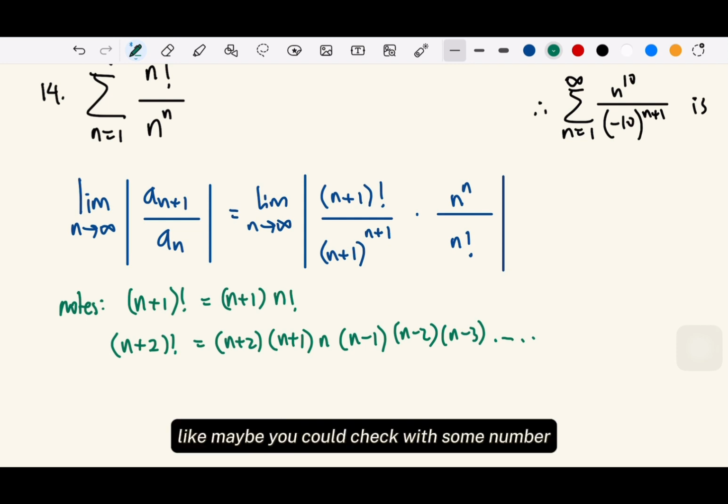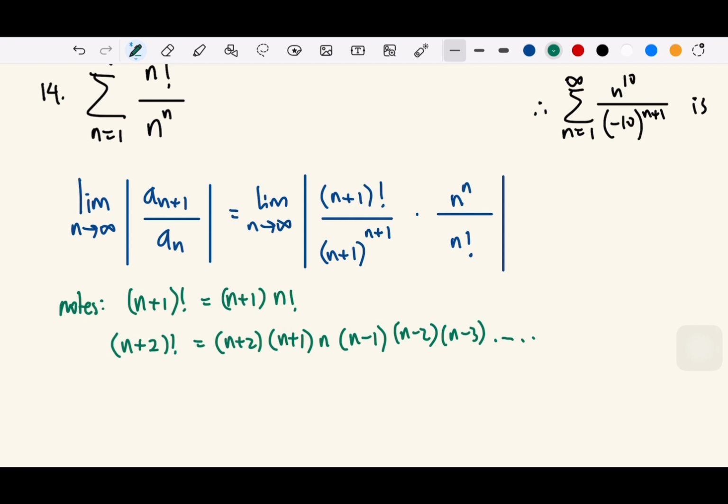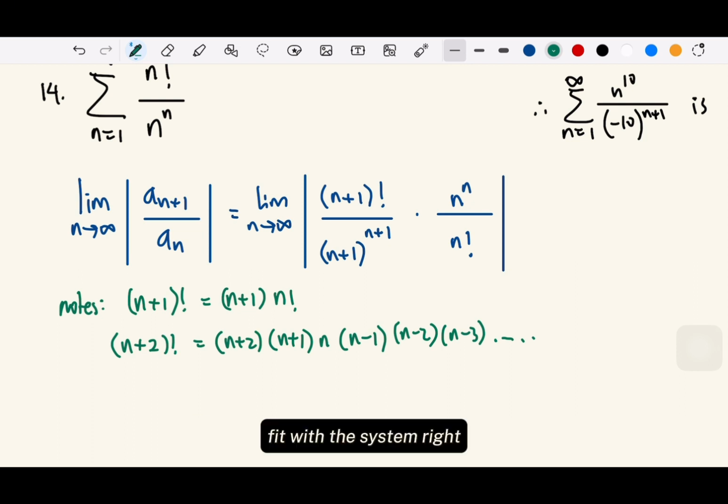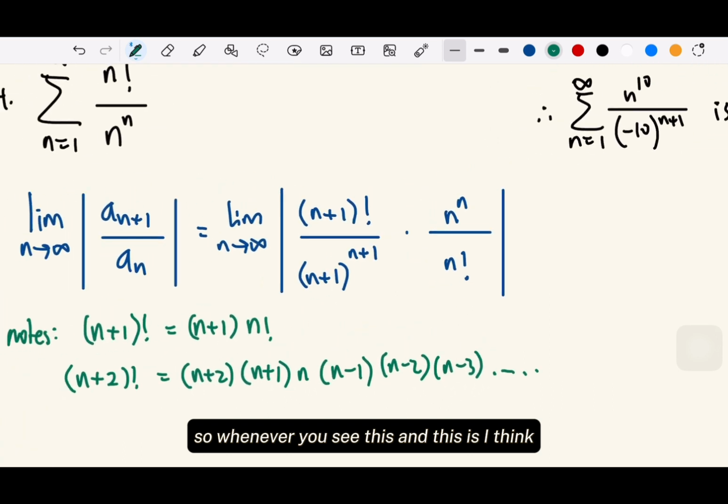If you want to know, maybe you could check with some numbers. Maybe try 5, 6, 7, and you will see that it fits. Whenever you see this, I think most of the cases will happen and are likely to be asked in exams or questions.